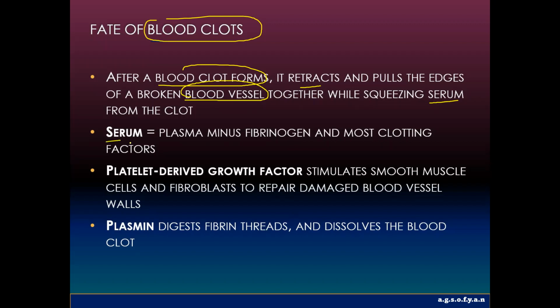Serum is actually plasma minus the clotting factors, fibrinogen and clotting factor. Of course, in this serum there will be other proteins, including antibody, but there is no clotting factor and no fibrinogens in the blood serum.